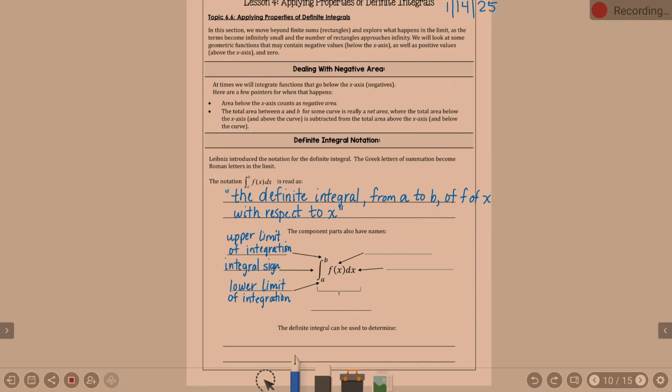F of x is going to be the function we're integrating, the function we're working with. It's also called the integrand. It also represents a derivative.